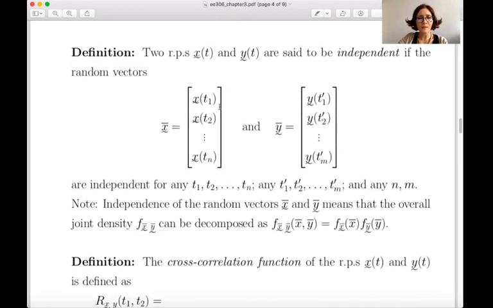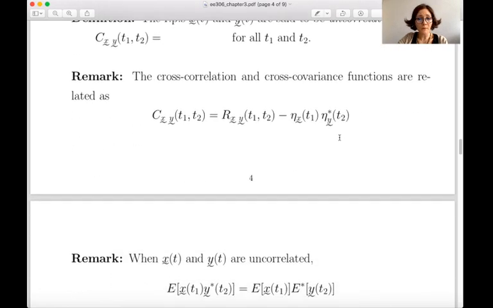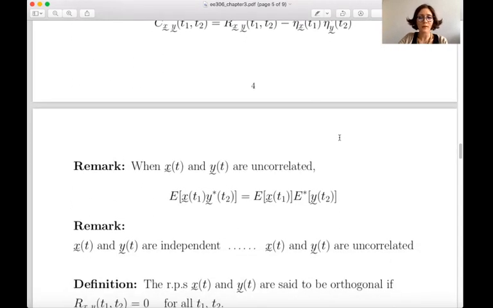It's as if you took a single random variable x t1 and y t2 in here. Of course, if the two random processes are independent, x of t1 and y of t2 will be independent random variables. The concept of independent random processes is much stronger than this. The moment you are sure that the random vectors are independent, you're allowed to do this decomposition, so you can verify that they're uncorrelated.